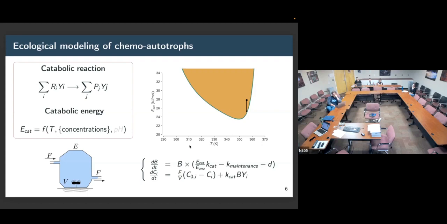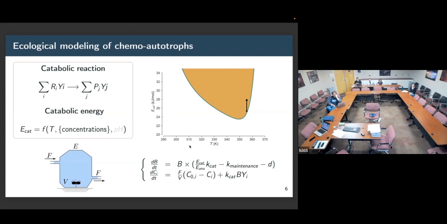From that, we can write the system of differential equations for the concentrations, C_i, of reactants and products. That is set by the chemostat dynamics here with the inflow and outflow, and produced or consumed by the population.